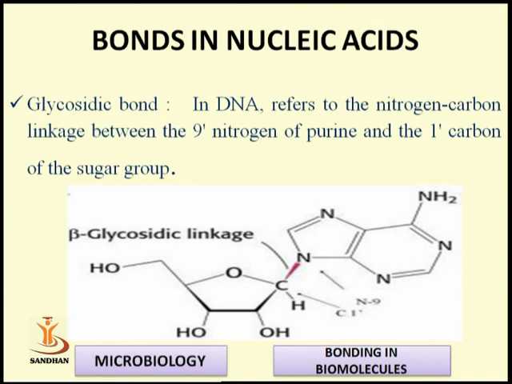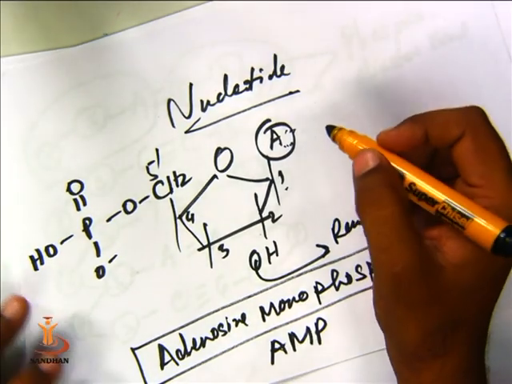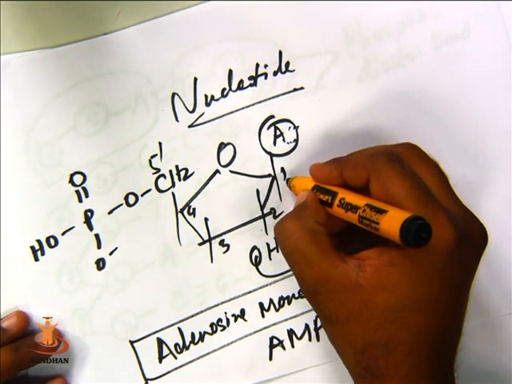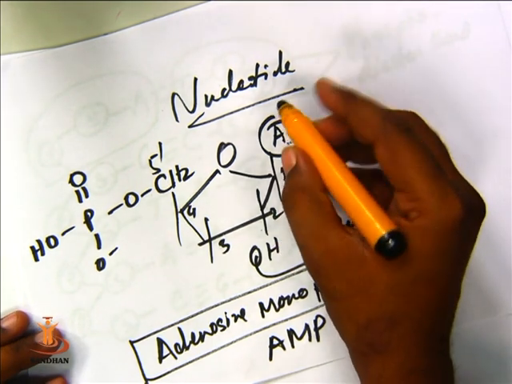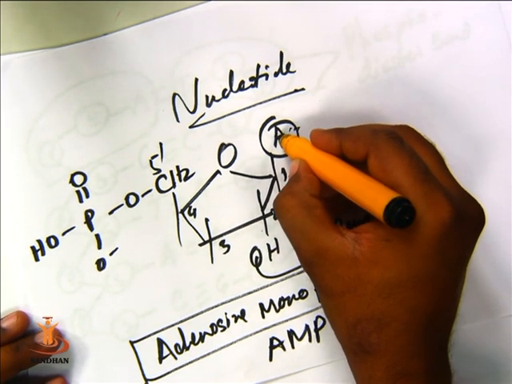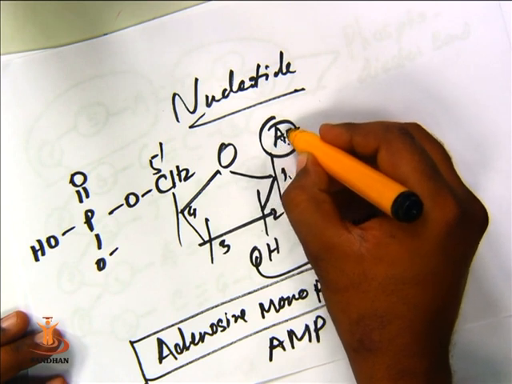The third type of bond present inside the DNA or RNA is the glycosidic bond. In DNA, it refers to the nitrogen-carbon linkage between the 9' nitrogen of the purine and the 1' carbon of the sugar. How is the glycosidic bond formed? Just observe. This was the first carbon where the nitrogenous base, adenine, guanine, cytosine, or thymine, comes to bind.